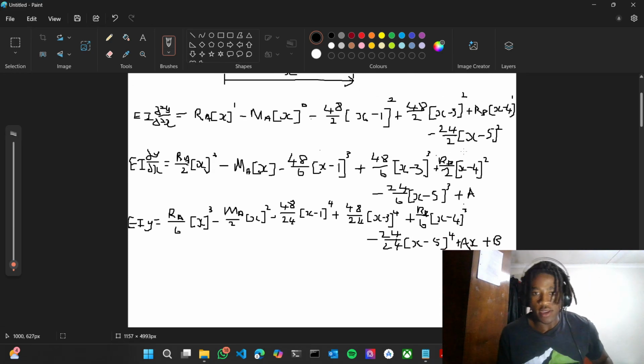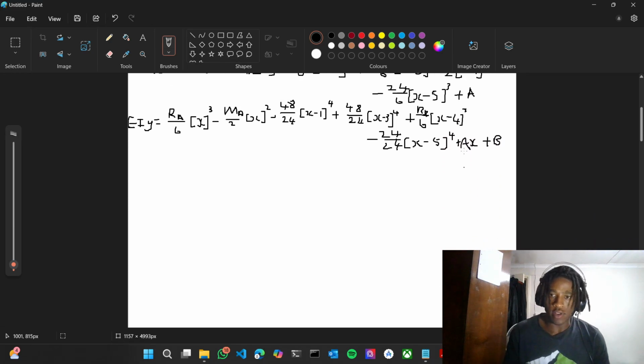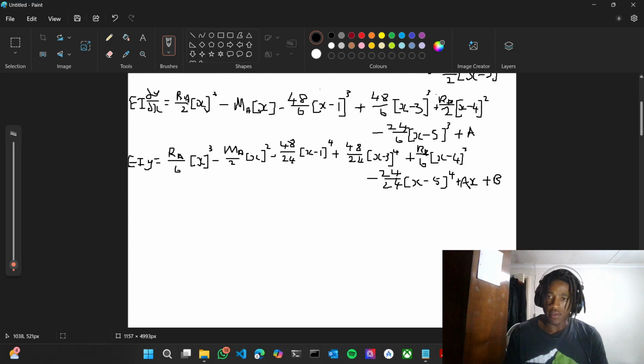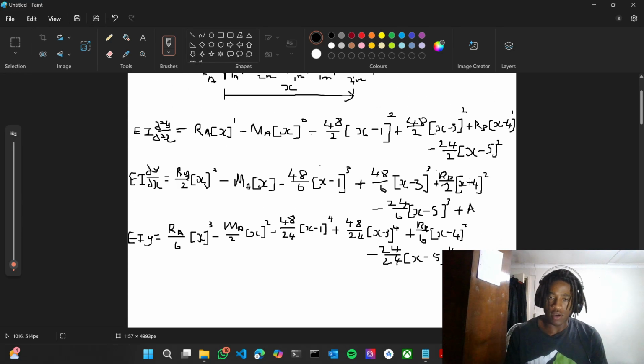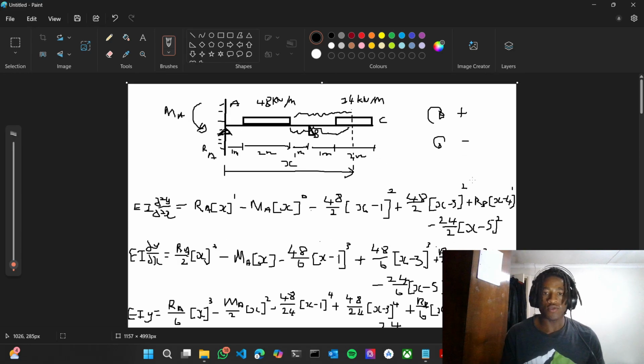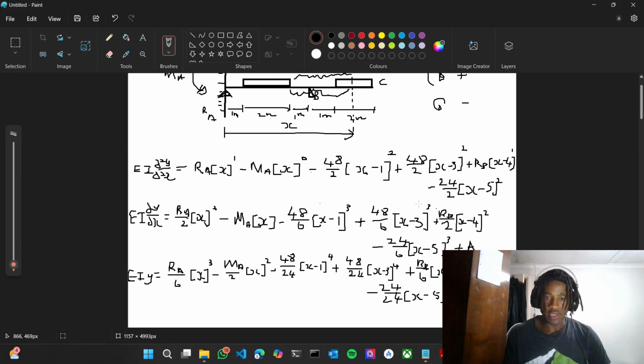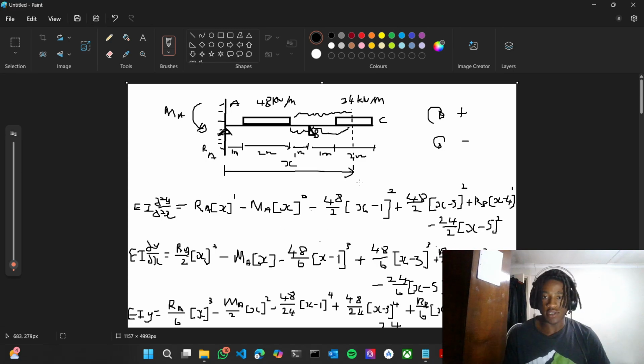So we can move on to the next part, which is defining what these values are. We need to find what these constants of integration are, and to do that we use our boundary conditions. Now in this case we have three boundary conditions that we can take a look at.